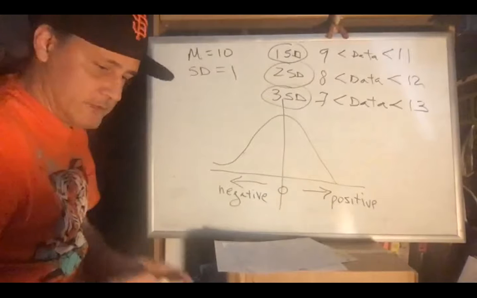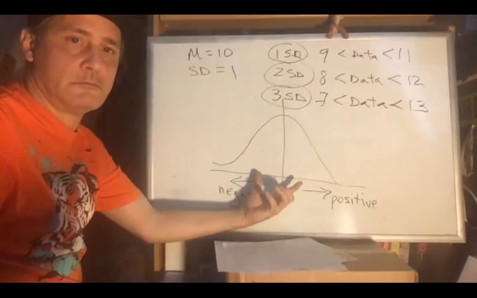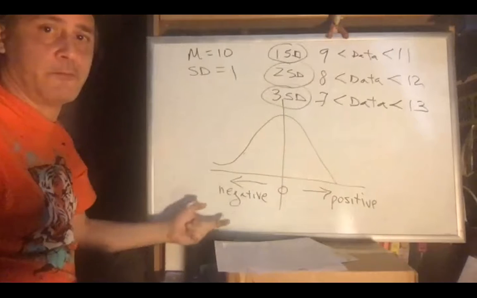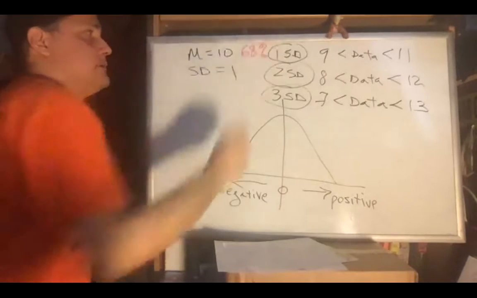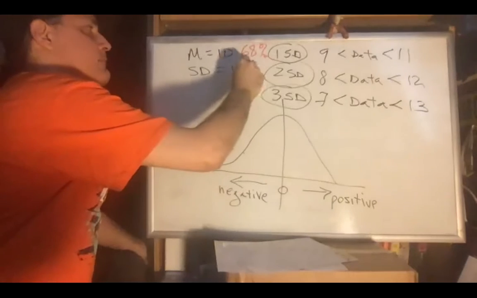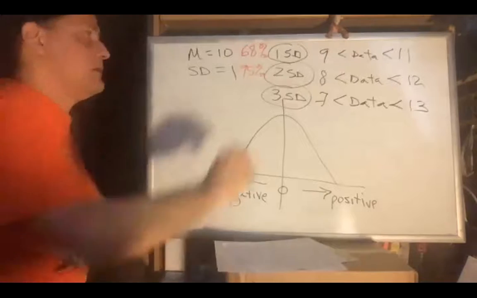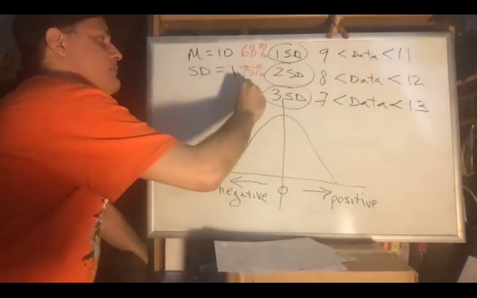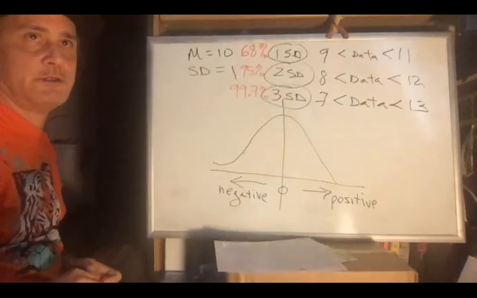Now the significance of this is if we have a normal distribution, if it's roughly symmetrical, 68% of the data is going to be within 1 standard deviation of the mean. 95% of the data is going to be within 2 standard deviations of the mean. And 99.7% of the data is going to be within 3 standard deviations from the mean.